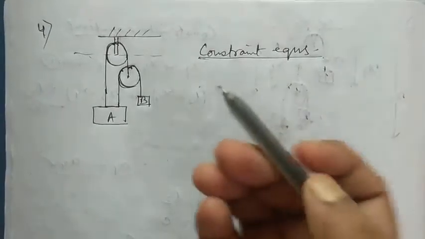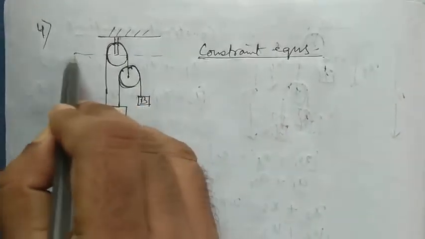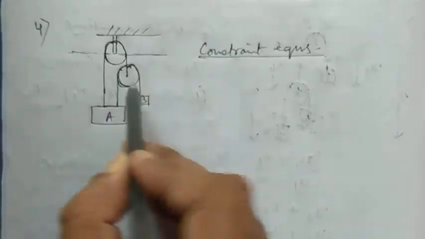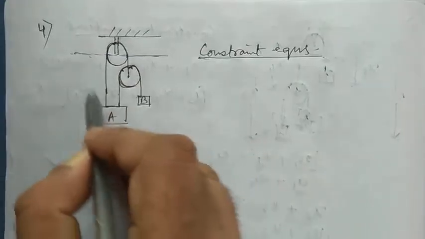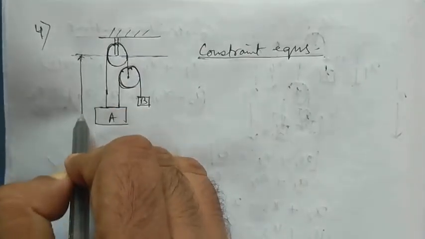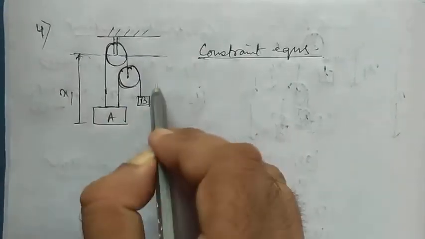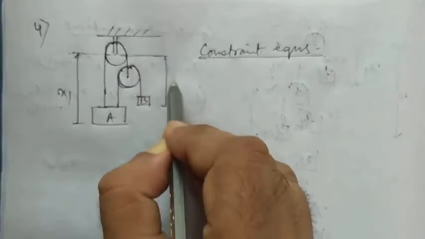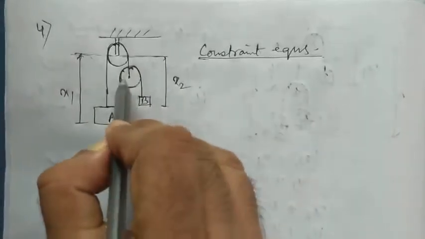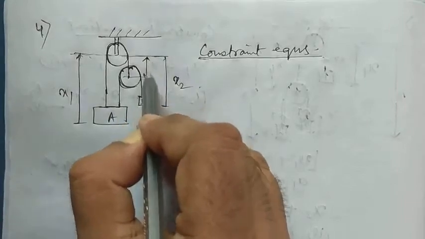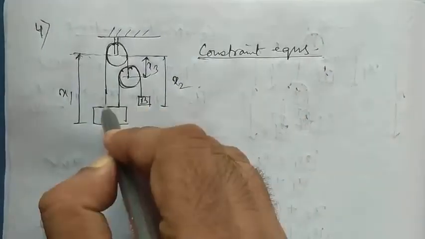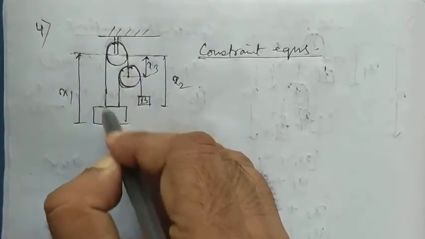Now the constraint equations, as you all know, we have to write from the fixed pulley. This is a movable pulley. Let's suppose this length is x1, this length is x2, and the fixed to movable distance is x3. So this is one single string.